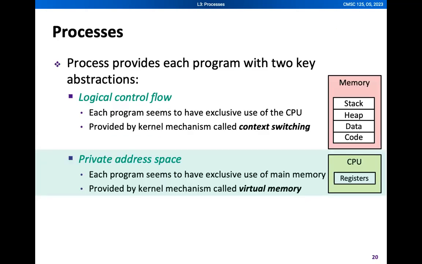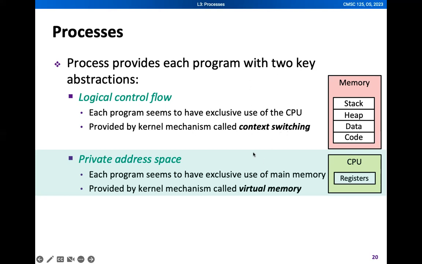Now moving on, we have discussed the logical control flow, wherein each program seems to have exclusive use of the CPU, but in fact there is context switching happening in the background, with different processes taking turns using the CPU.